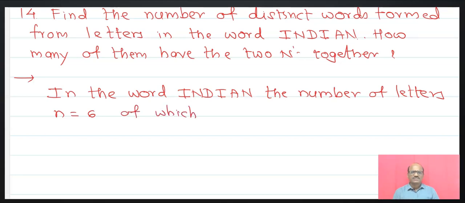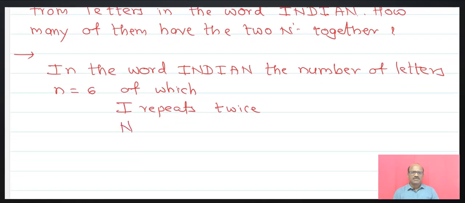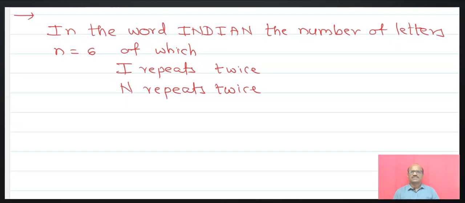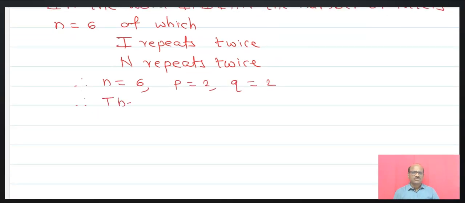Of which I repeats twice, N repeats also twice. Therefore, n is equal to 6, p is equal to 2, q is equal to 2.